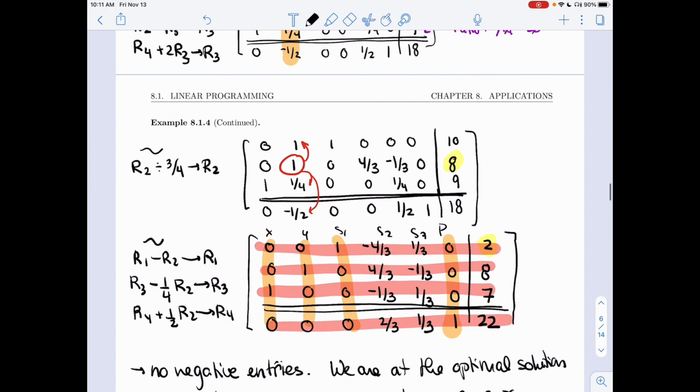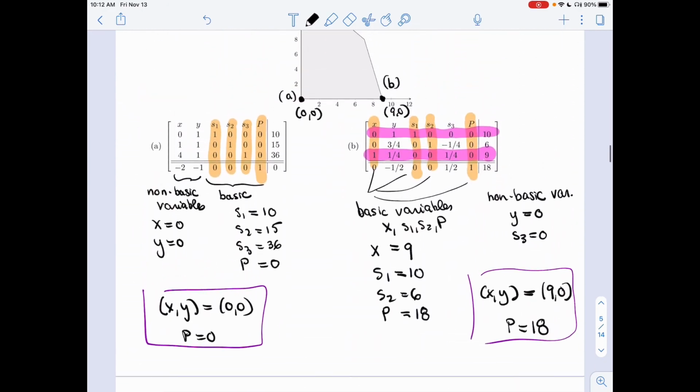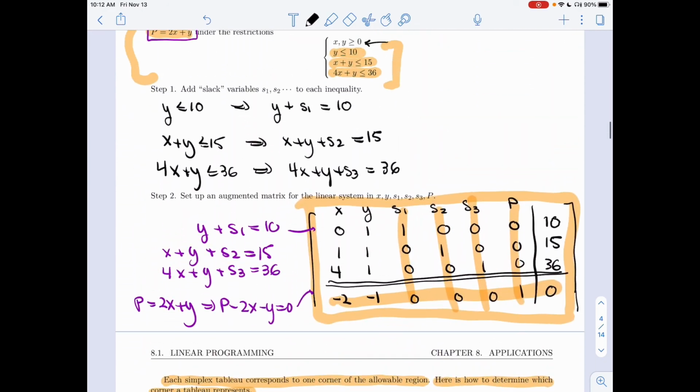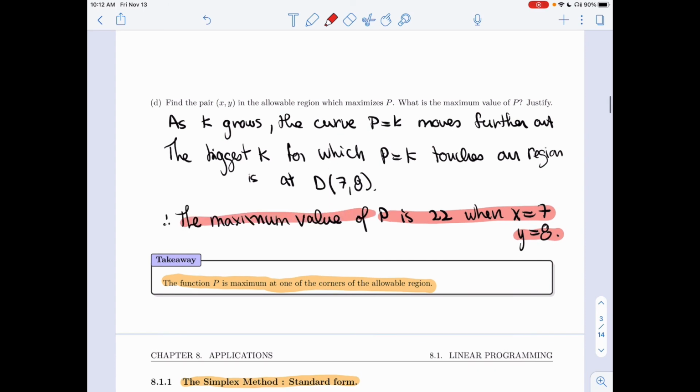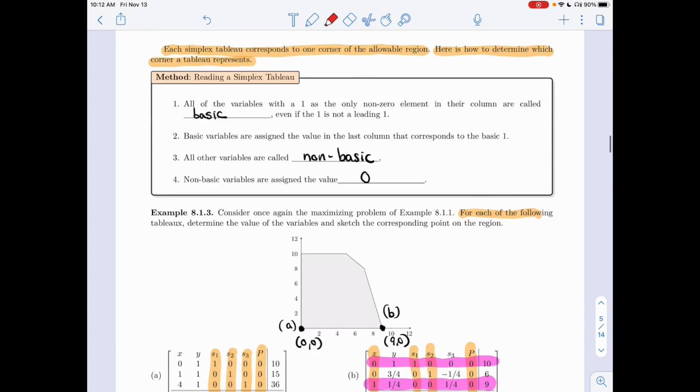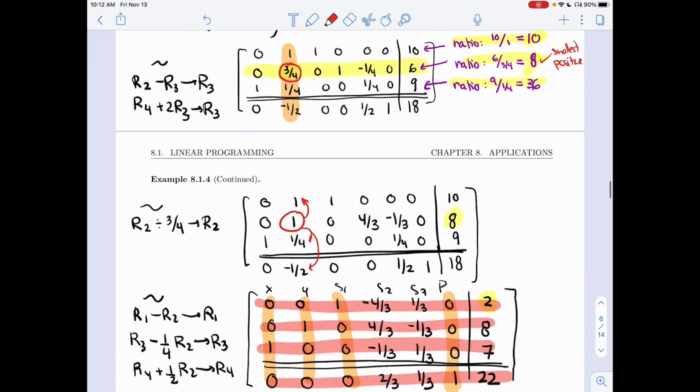Excellent. That's the same thing we had found graphically. Let's go back to make sure. Where was it? Here, perfect. P is 22 when x is 7 and y equals 8. That's the maximum value. That's what we found graphically, and that's what we're finding using this method.